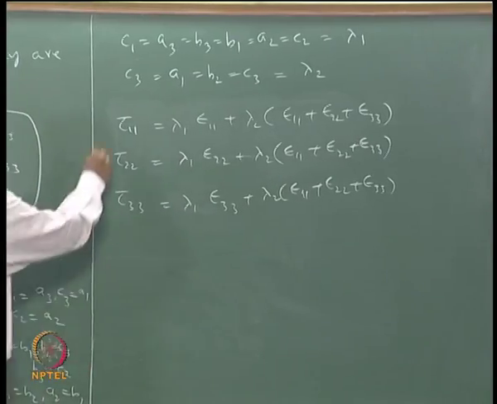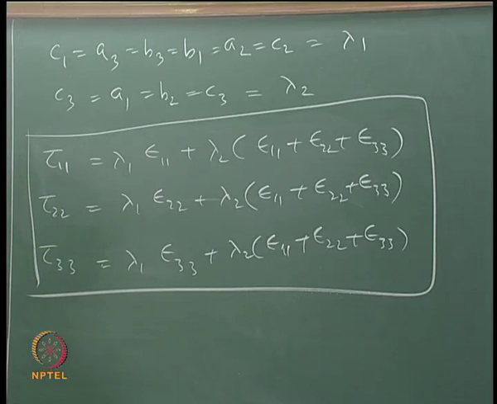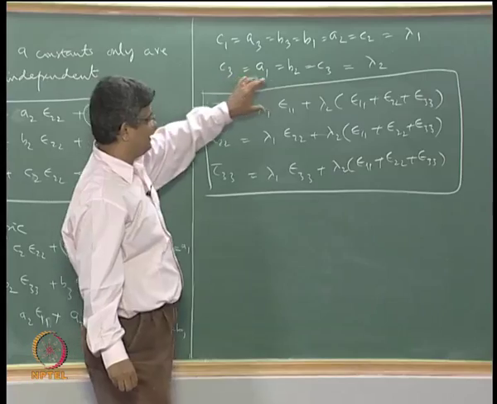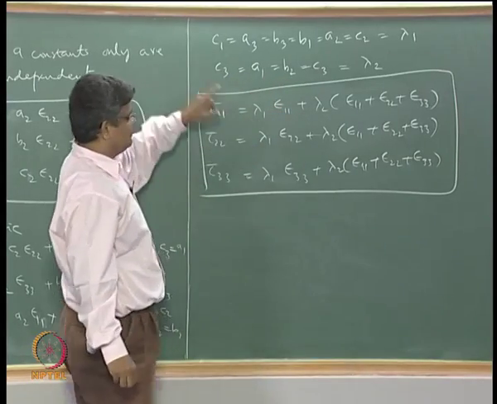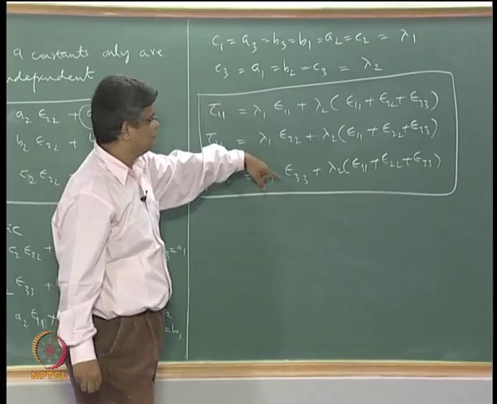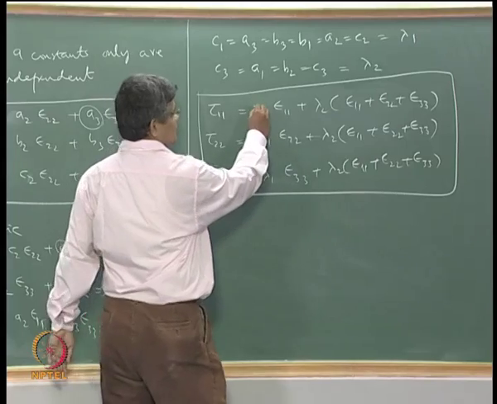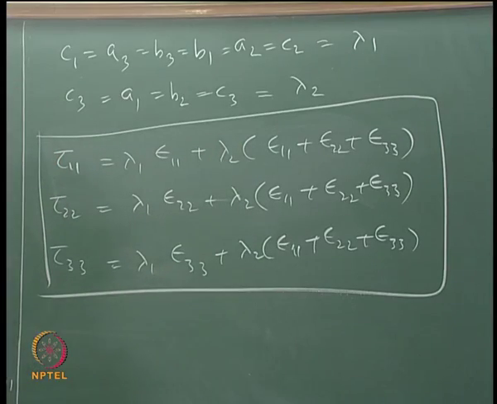Okay, so these relations here embed a linear relation between stress and strain rate, in which we are not forcing all the stress components to be the same, and a linear relation which involves only 2 constants lambda 1 and lambda 2.